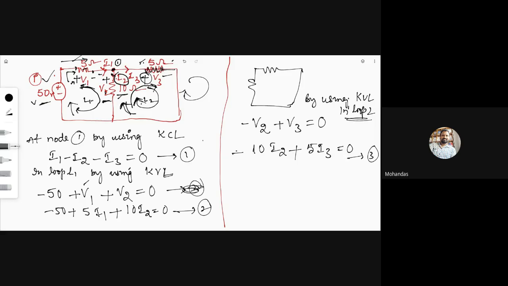So how many equations are there here? Equation 1, equation 2 and equation 3. All of you note down these equations. I will give 5 minutes of time. Note down these equations, and if you have any doubts, ask.